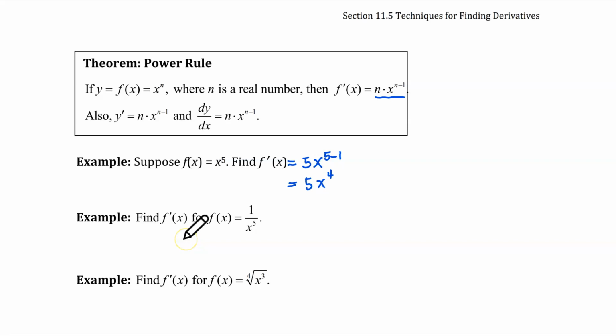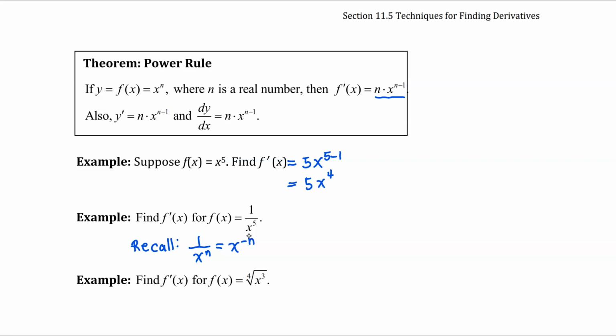For the second example, we want to find the derivative of f if f of x is equal to 1 over x to the 5th. Now, how can we use the formula here if the variable is in the denominator? So now using the laws of exponents, we can recall that if we have 1 over x to the n, where n is a real number, this is just equal to x to the negative n.